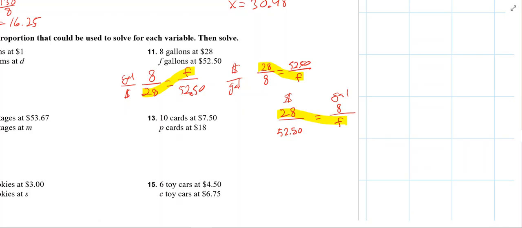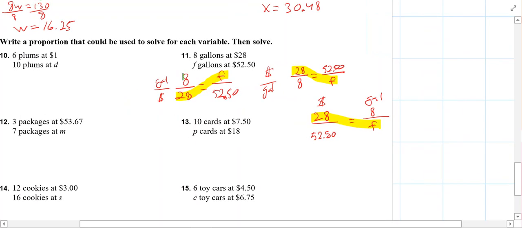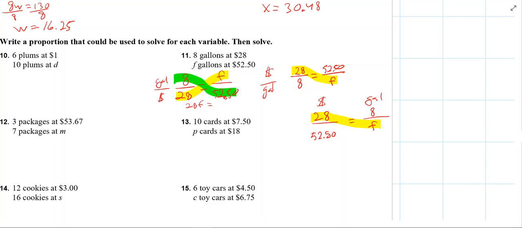So now I'm going to go back and solve these. They're all going to be solved the same way. So this one right here is 28F is equal to, calculator, 8 times 5250, 420. And I'll divide both sides by 28.